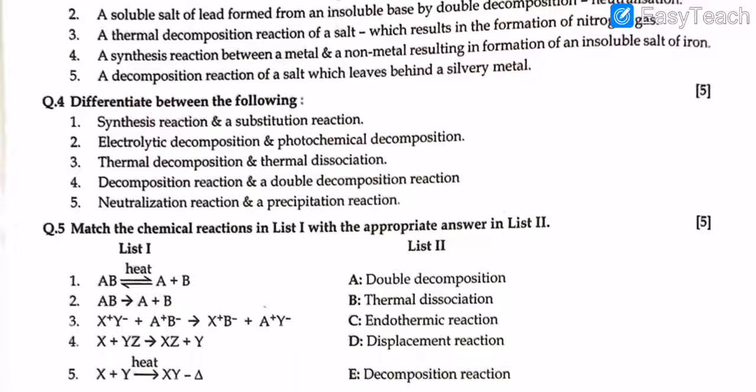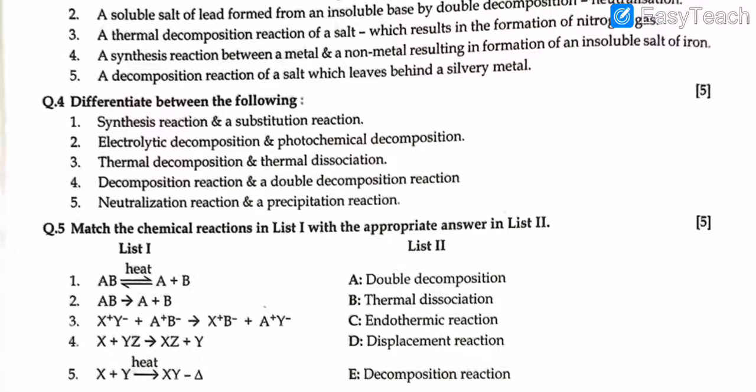So if you're asked about a synthesis reaction and a substitution reaction: a synthesis reaction is nothing but your combination reaction, right? It's just a different word for direct combination reaction, and substitution is displacement reaction. So the difference, you can say, in direct combination reaction you have A plus B which turns into AB.